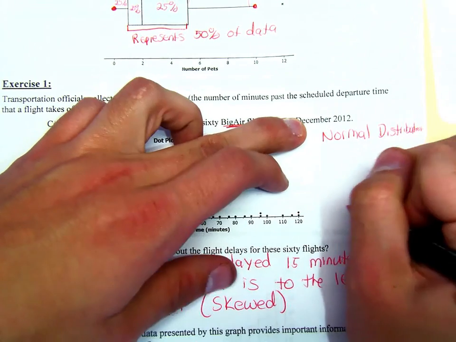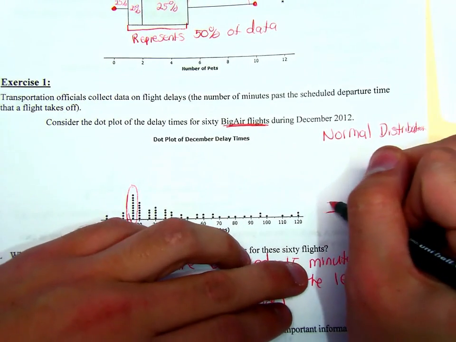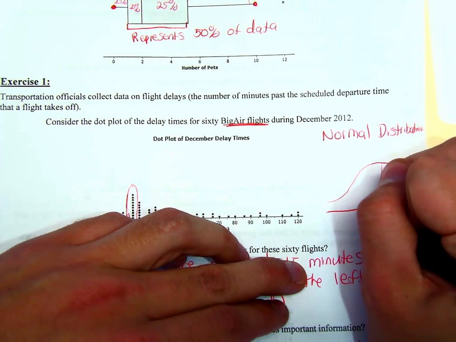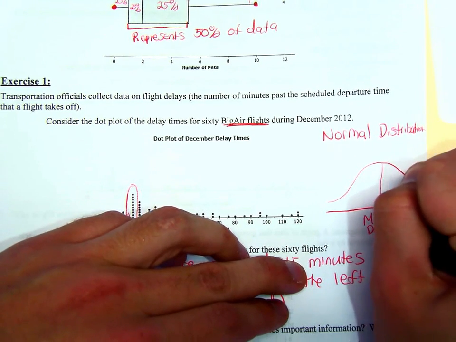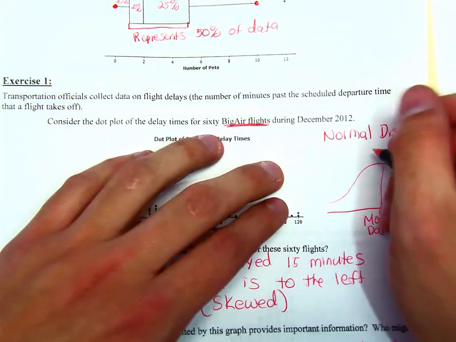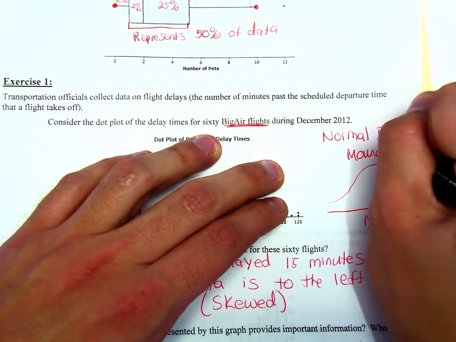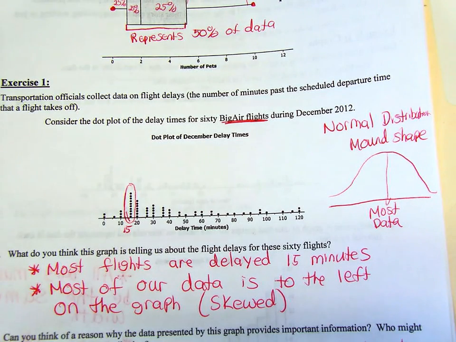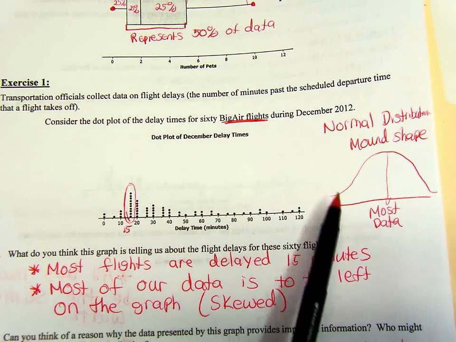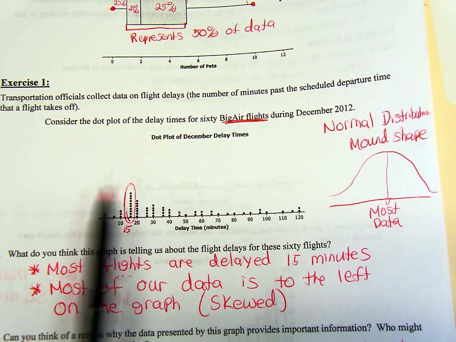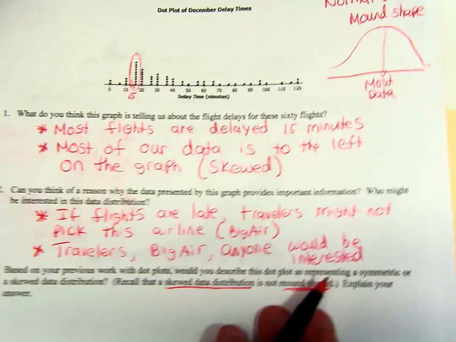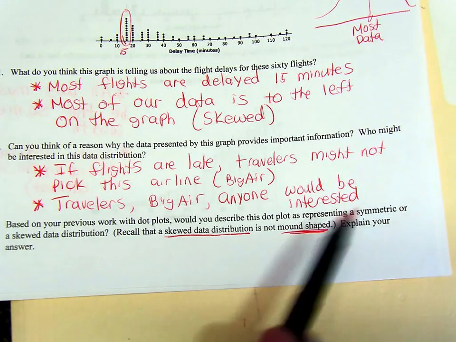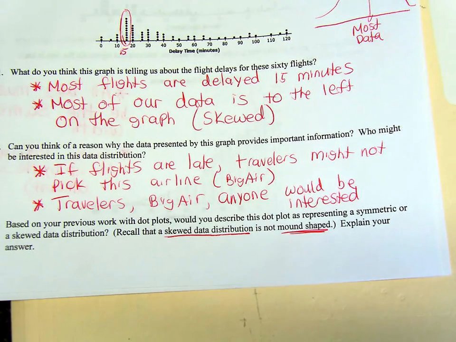If we're talking about the normal distribution, then all your data kind of goes in a mound shape. Most data is in the middle, so this would be your mound shape. If we look at this, our data doesn't really have a mound shape. Our data is kind of skewed to the left. So that's what we're going to write down here. They want to know, do we have a symmetric or normal distribution, or do we have a skewed distribution?